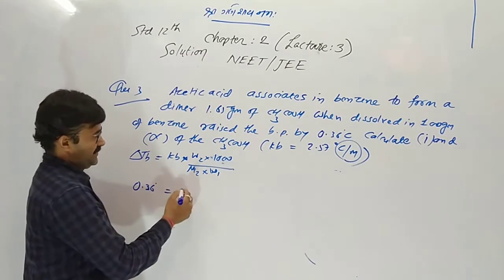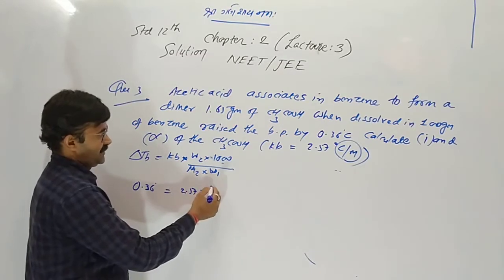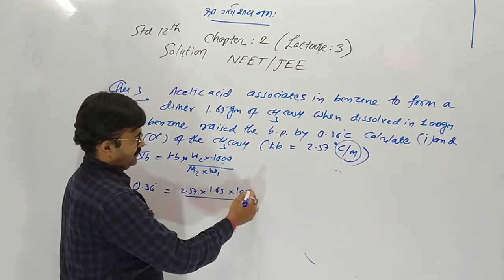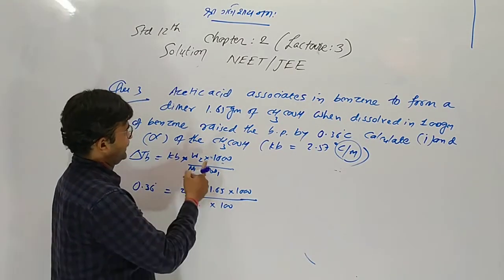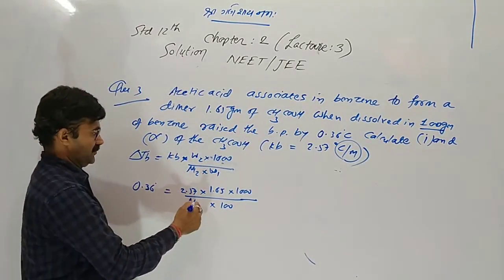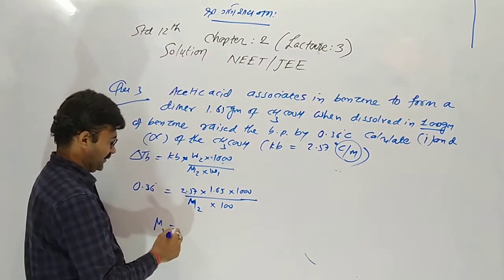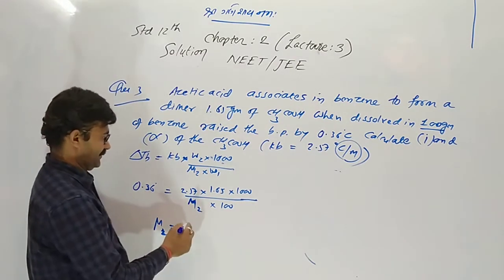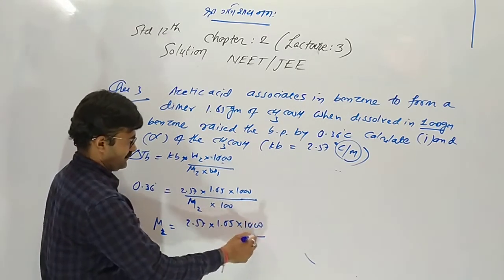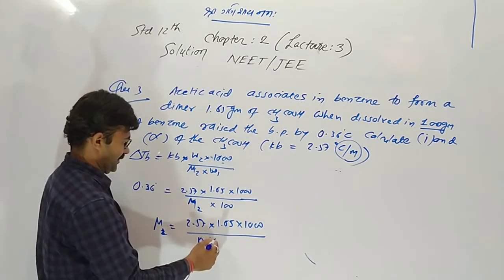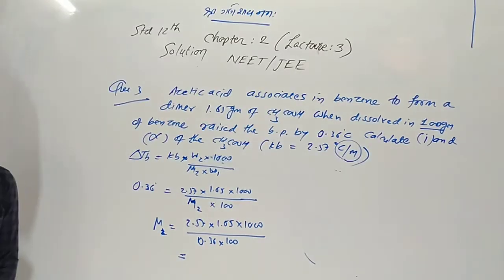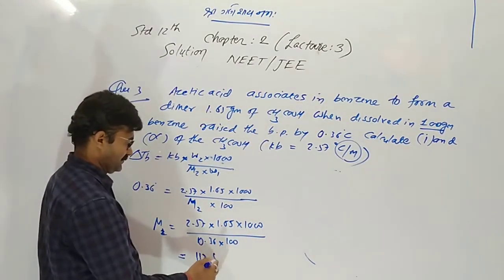Kb is given 2.57. W2, mass, 1.65. W1 is 100 gram of benzene solvent. M2 we have to find, and the derived value is the practical value of the molecular mass. From this equation, the derived value is called the practical value. It is 117.8.